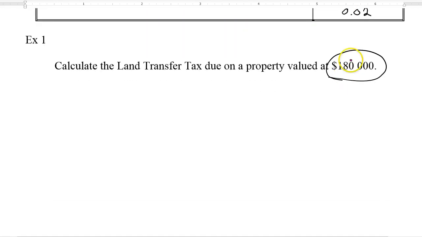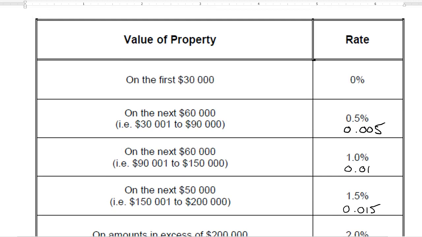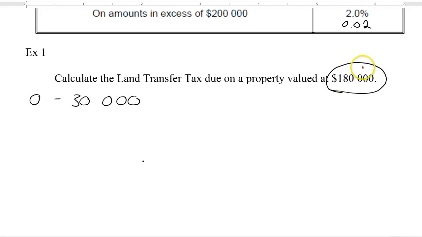Now the value of my house is 180, so I do fit in the first bracket from 0 to 30,000. I then set up my second bracket from 30,000 to 90,000. And 180 is my total, so I do fit in this bracket as well.